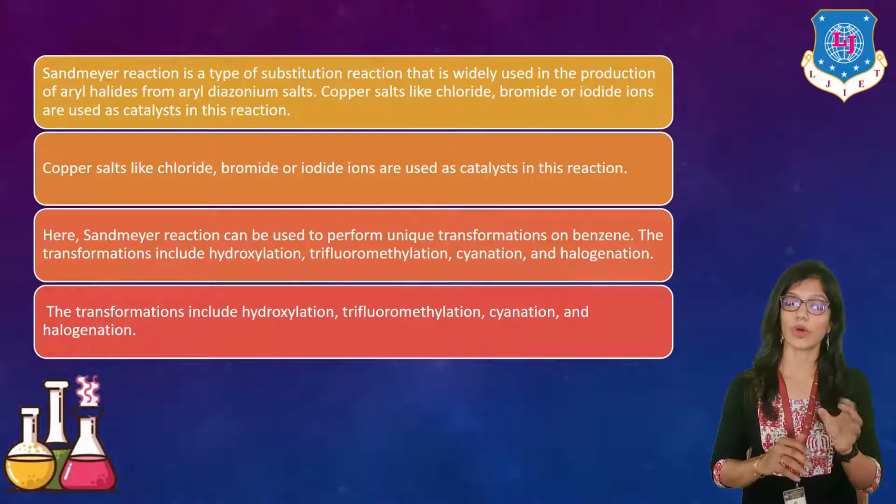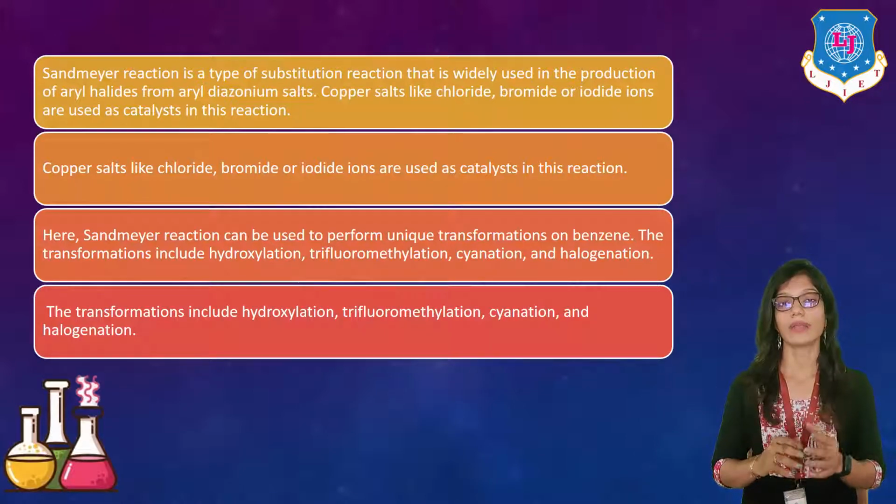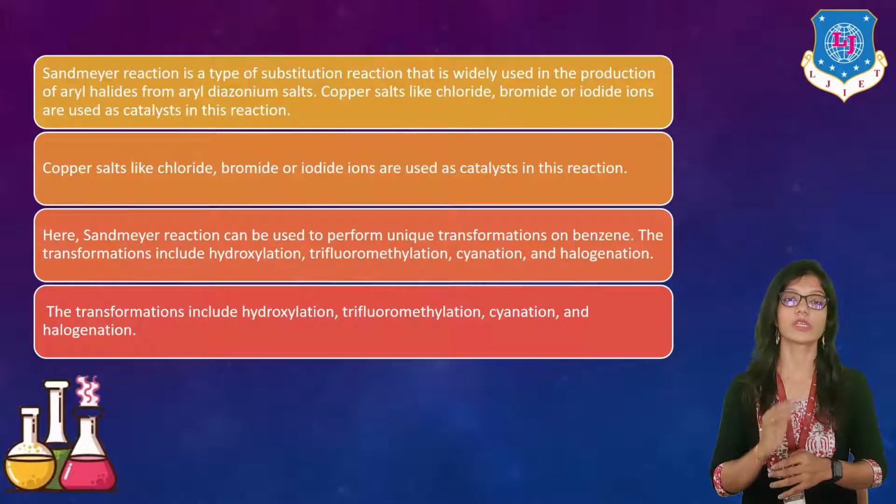So one atom or group substitutes another atom or group. And here it is widely used for the production of aryl halides from aryl diazonium salts.